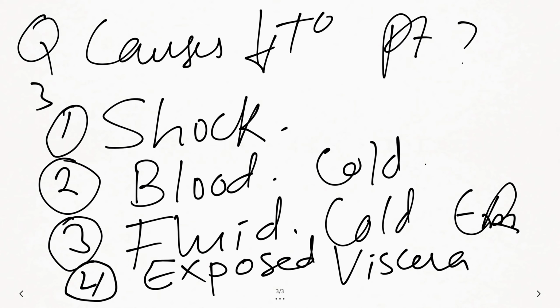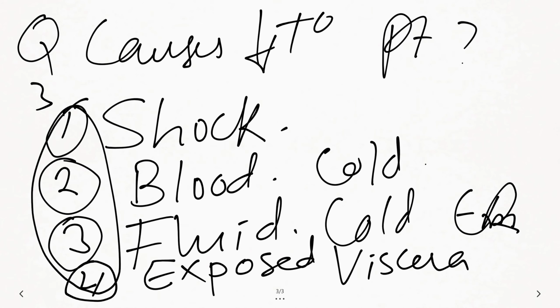So he is exposed to loss of heat by evaporation and radiation. He will lose temperature. He will lose warmth. So he will get cold. So these are the three factors that will participate in the hypothermia in this patient. Okay?